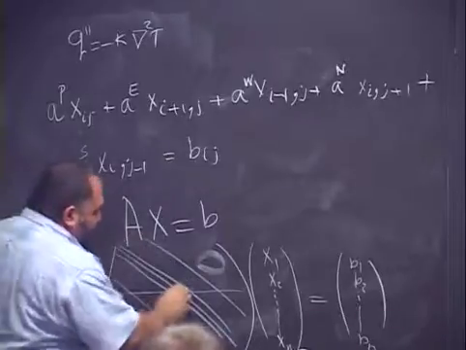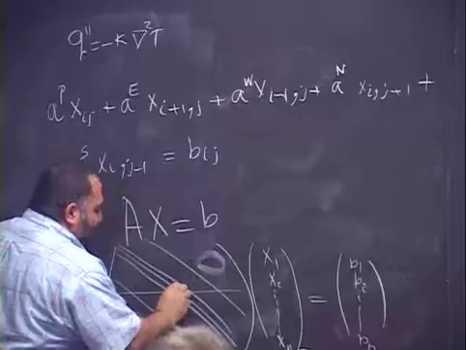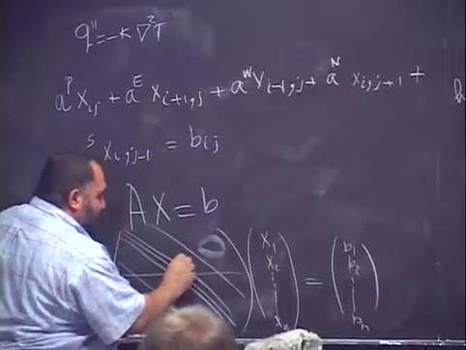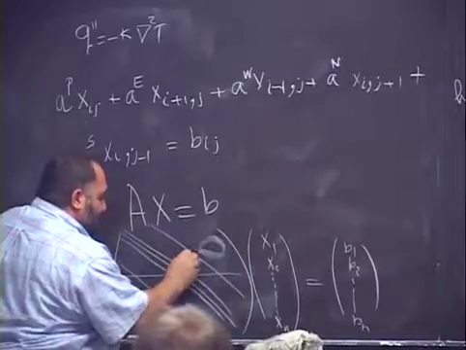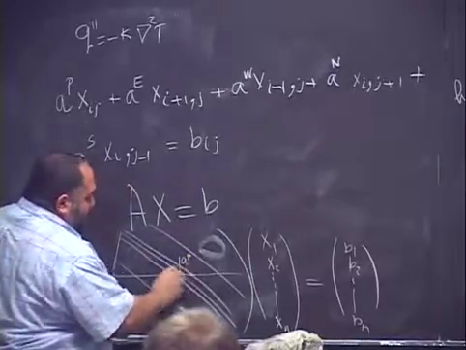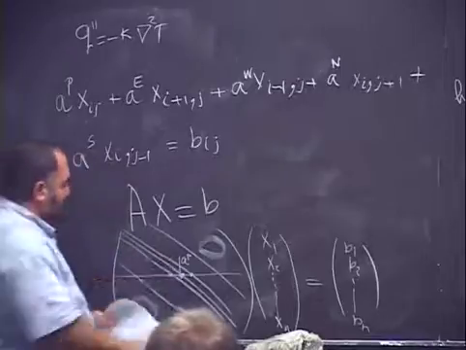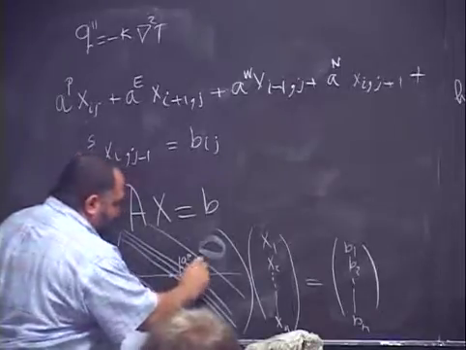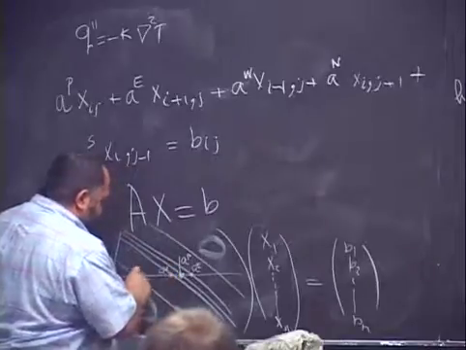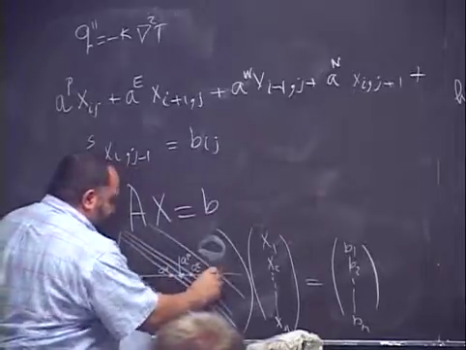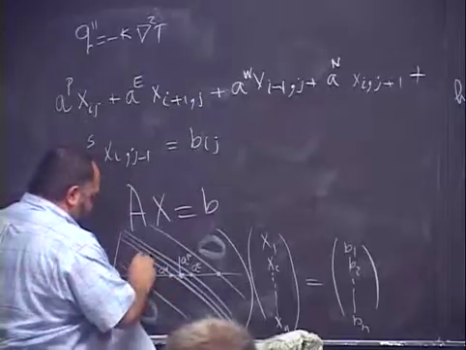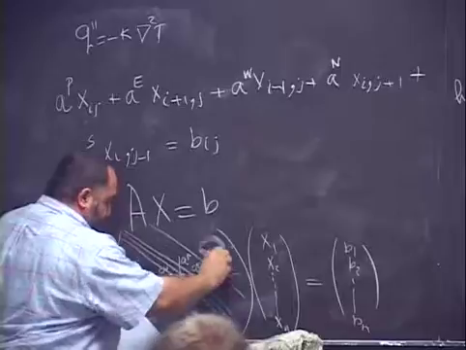So it will have here at this point, which is the central point, point P, it will have A_P. And the ones next to it, from both sides, will be just A east and A west. And the ones farther away will be A south and A north.